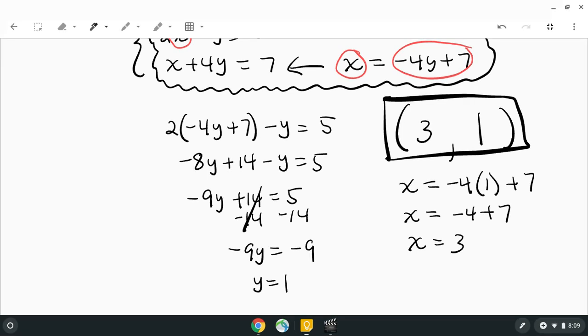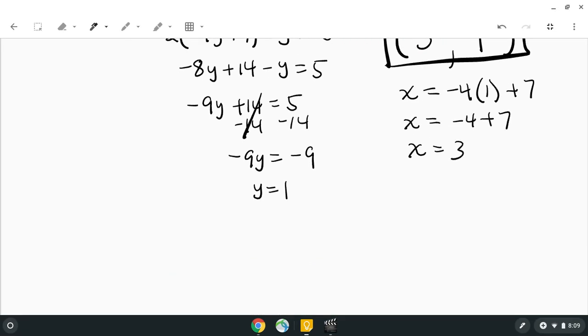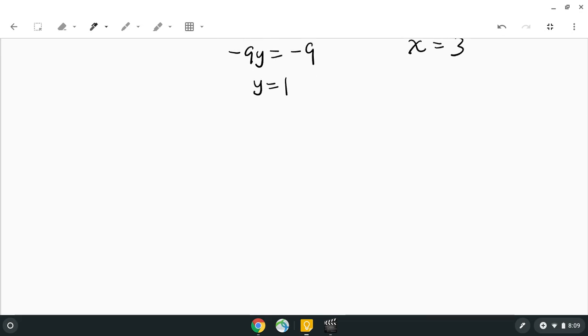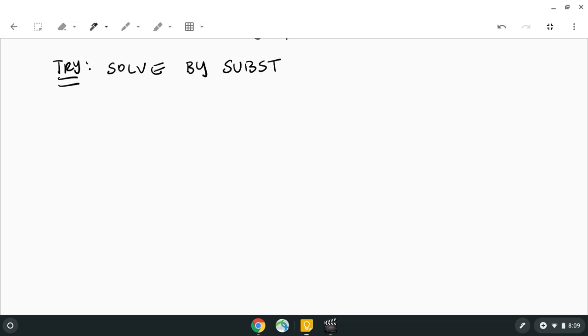All right. Let's have you try this one. Go ahead and try this. Solve by substitution, and then you can come back and check your answer with mine.